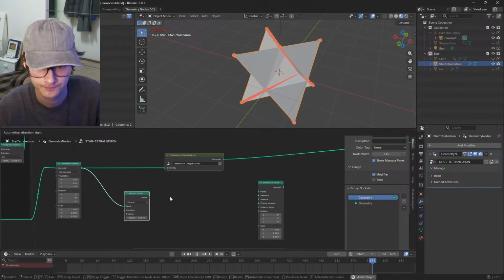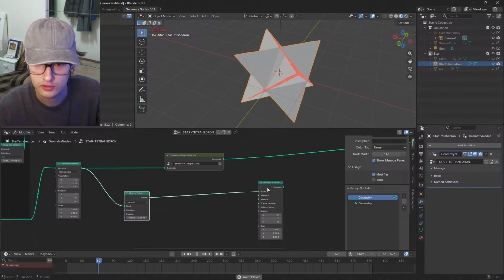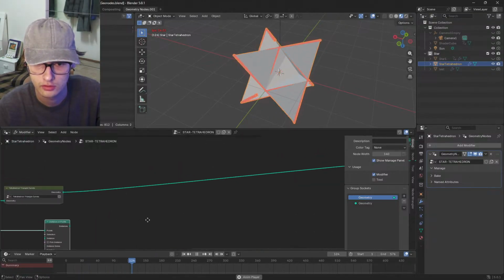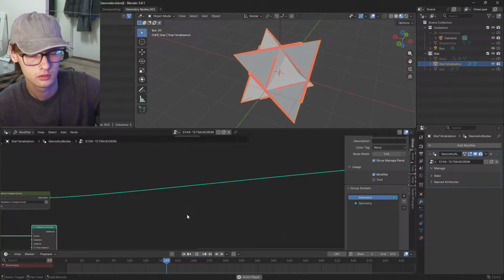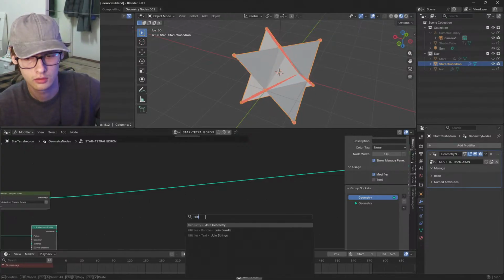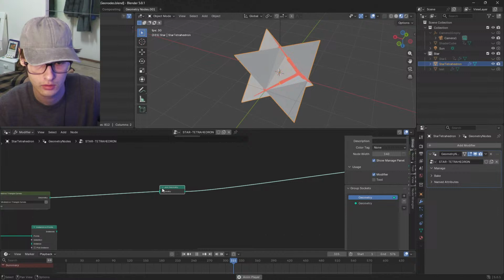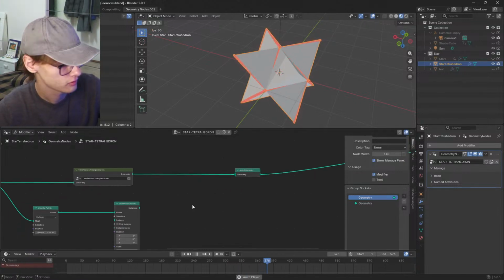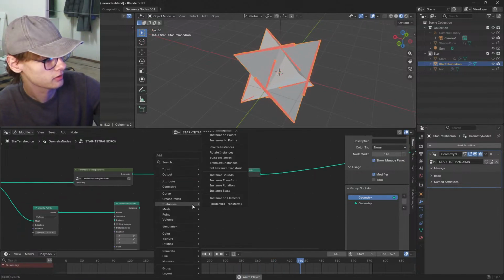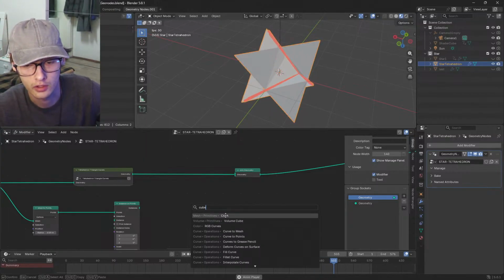Okay. Instance on points. I could, for instance, make a cube on those points.